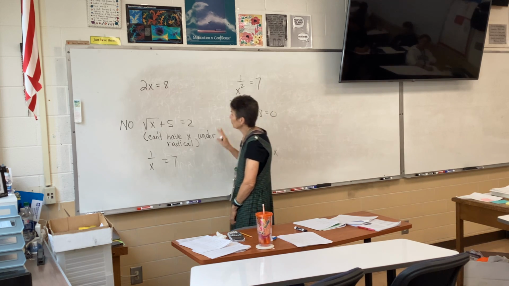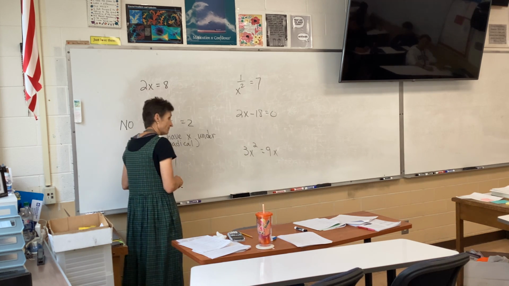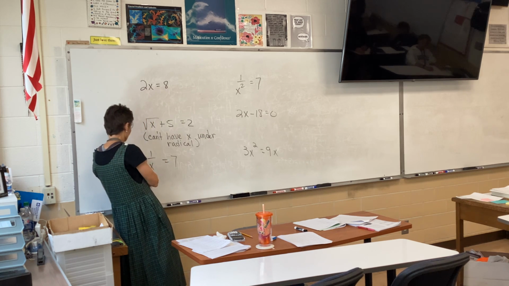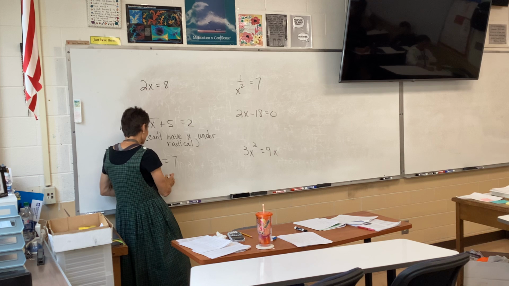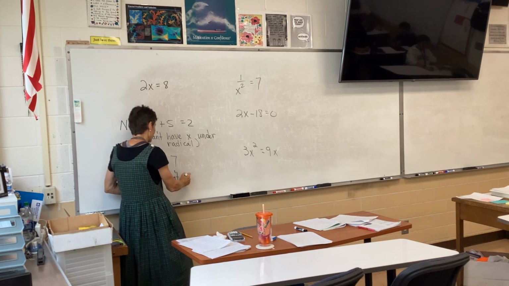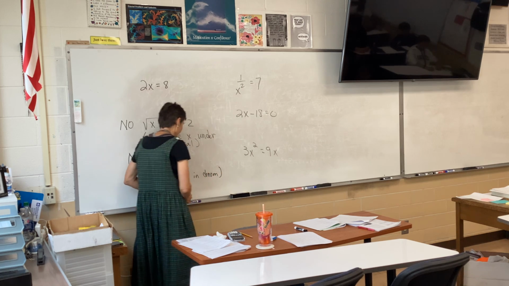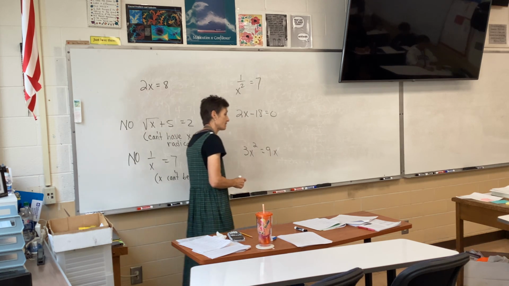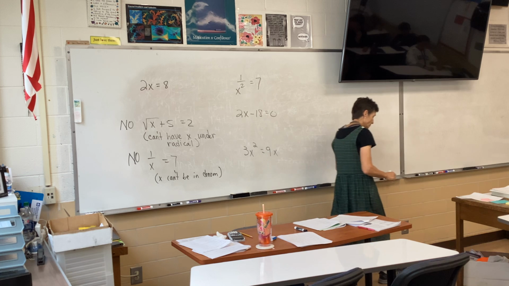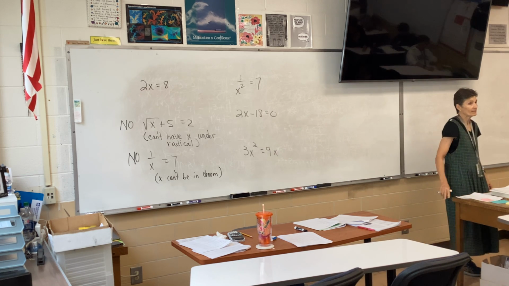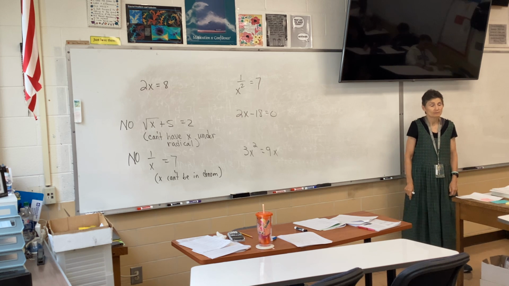All right, so I don't see any more of those. This one, right here, is not linear because x can't be in the denominator. You can't have x under a radical, and you can't have it in the denominator.